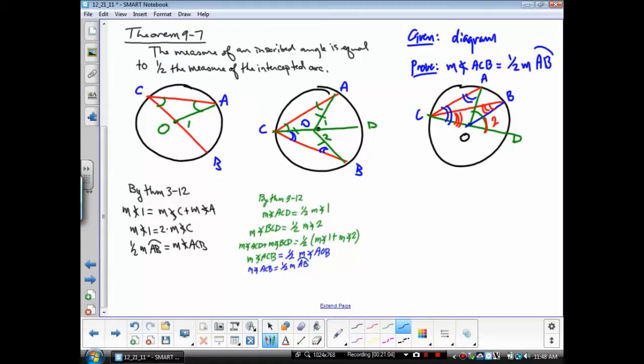It's what we understand about this now. So by theorem 312, and a few substitutions, we end up with measure of angle ACD is 1/2 the measure of angle AOD.